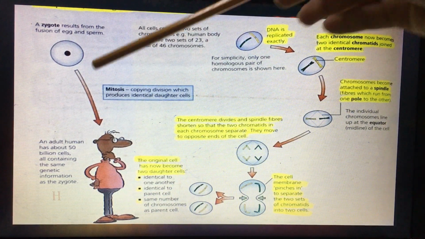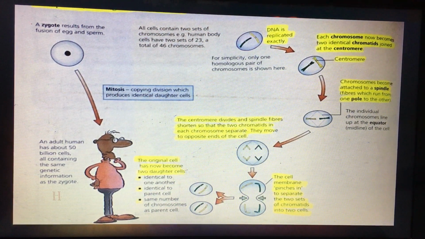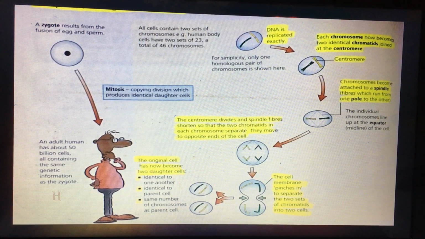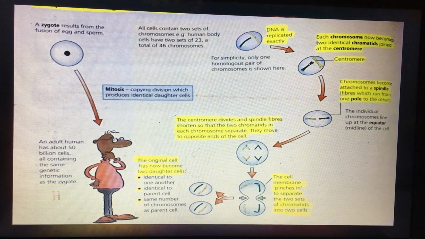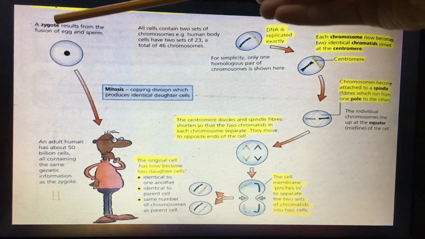Then it uses the mitosis process to make copy division, which produces identical daughter cells to reach the adult phase. So we start with two gametes, which are sperm and egg. They fuse together to form a zygote.